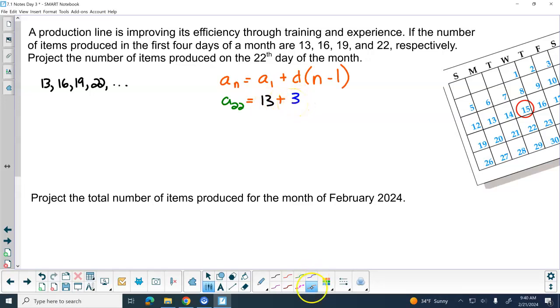We're increasing efficiencies, and then we need to get to the 22nd day. 22 minus 1 is 21. 21 times 3 is 63. 13 plus 63 is 76. So on the 22nd day, we produce 76 items.